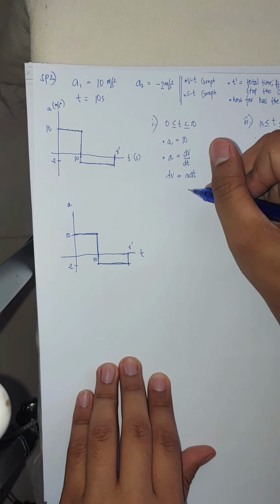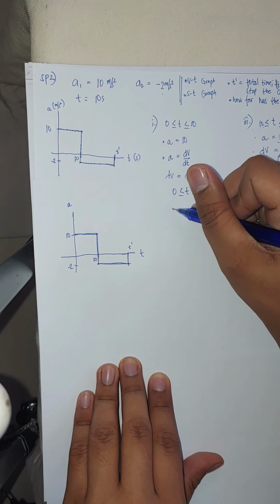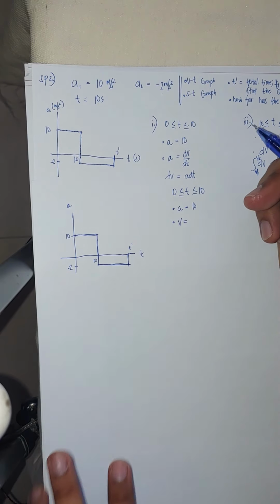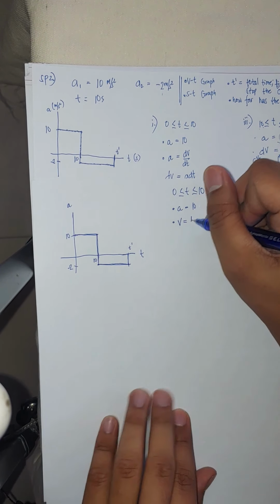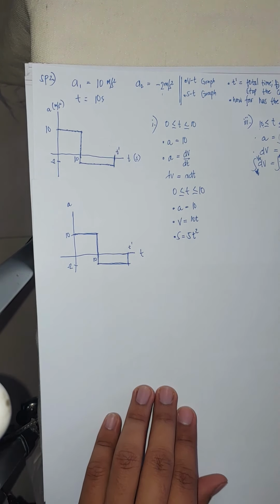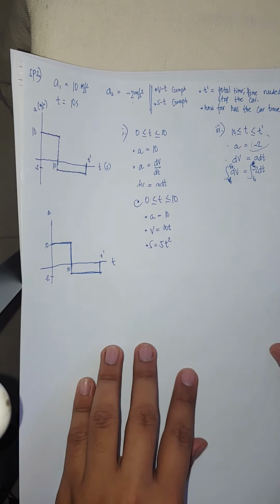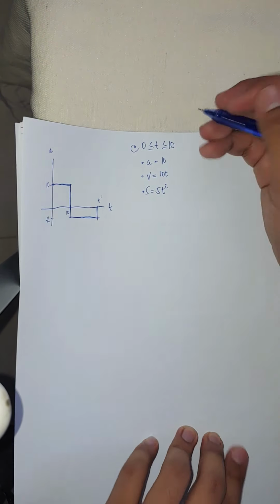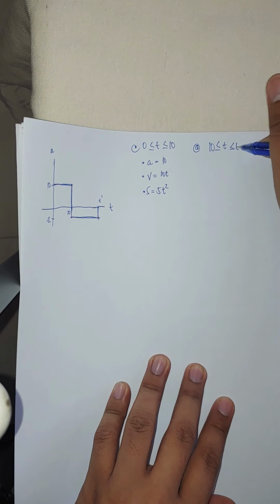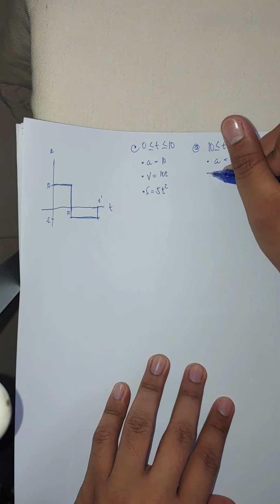So ito ang function from time 0 to 10 seconds. Our acceleration is 10 meters per second squared. Our velocity is 10t. And then our position is equal to 5t squared. At time from 10 seconds until it stops, our acceleration becomes -2 meters per second squared.